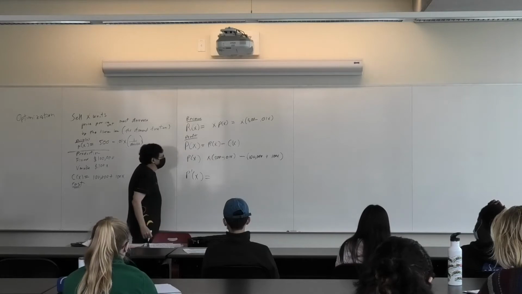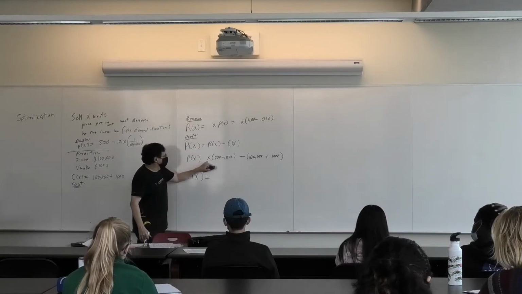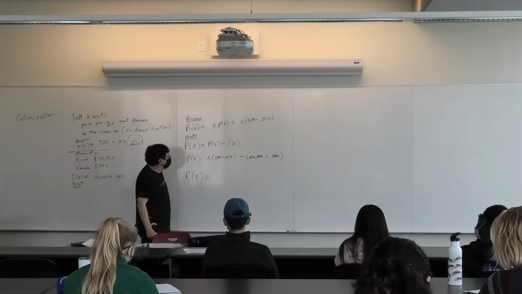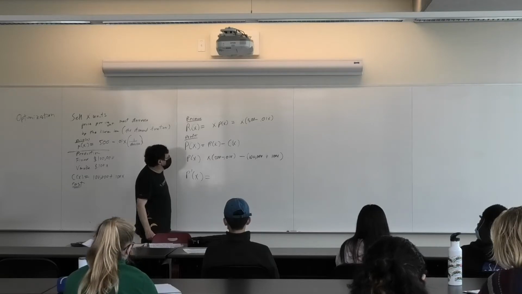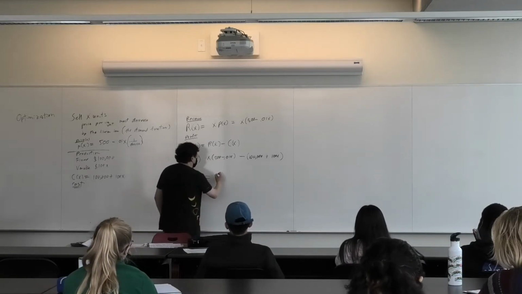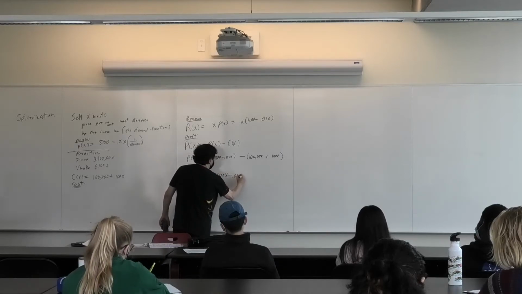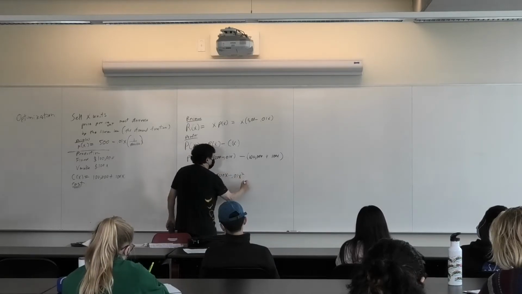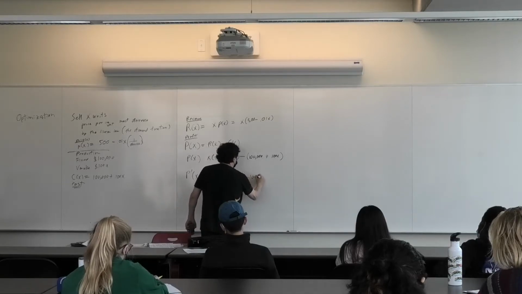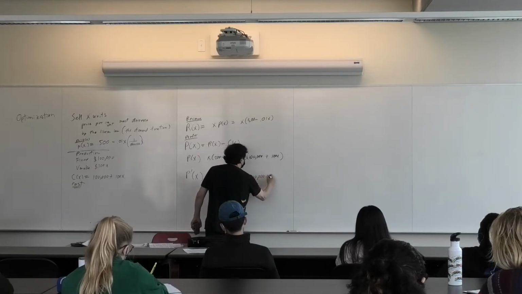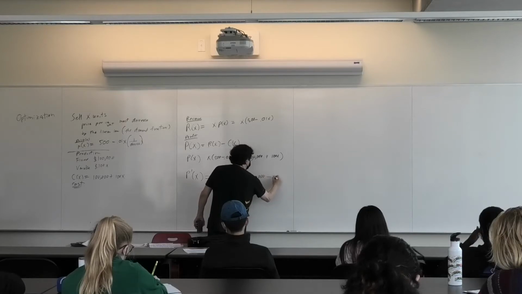Okay, how do we find this? We know how to do that, don't we? Let's rearrange this a little. This is 500x minus 0.01x squared minus 100,000 minus 100x.